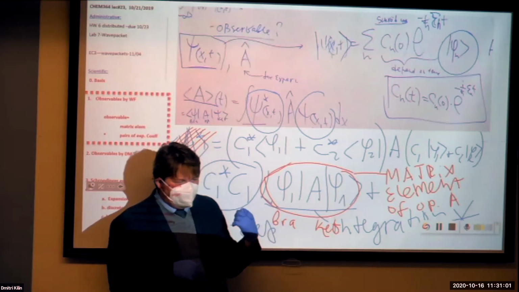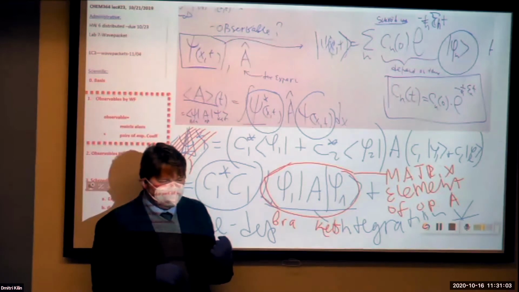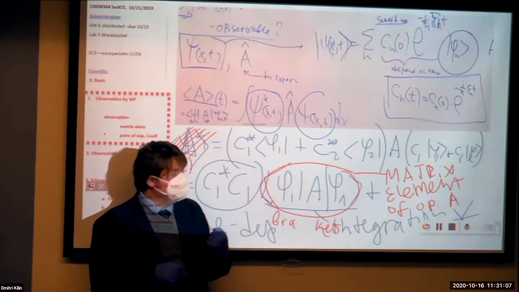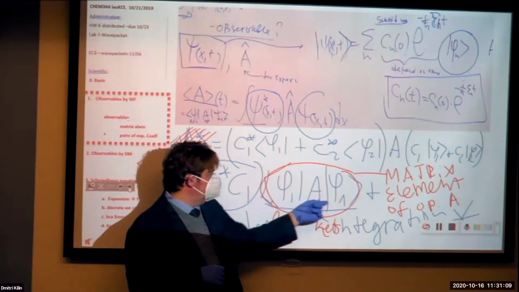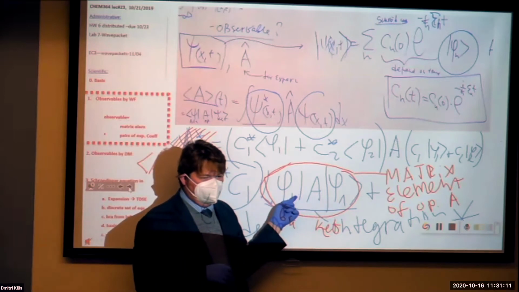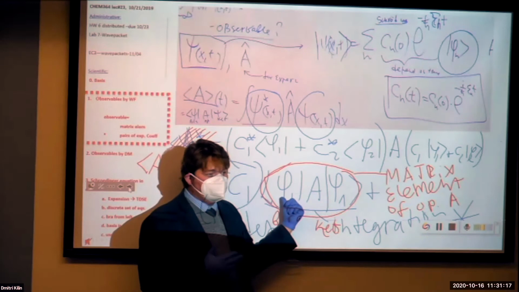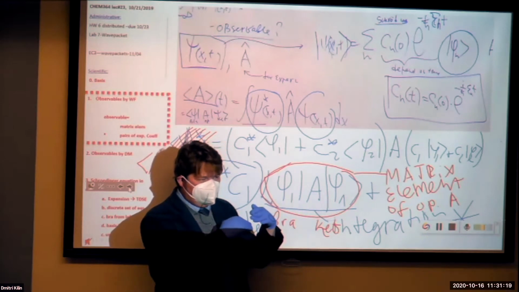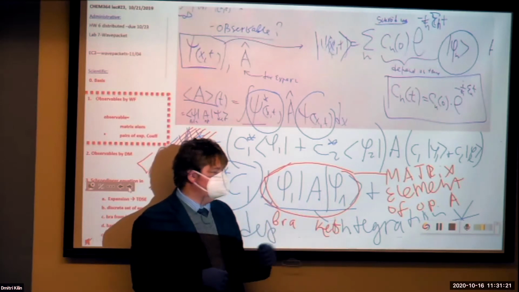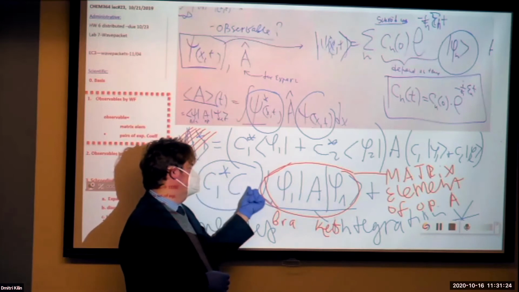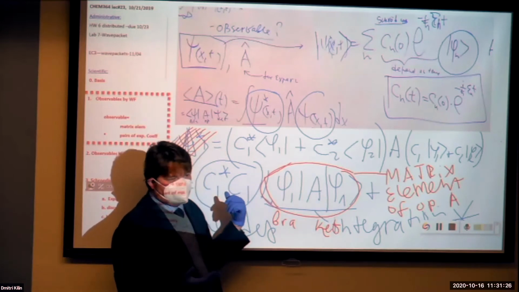And if one day we need to find an observable, and one day will be by Wednesday, one can find matrix elements of the operator of interest, for example position, between different eigenstates once and forever. And one can do it first, and then do the time dependence in these expansion coefficients next.